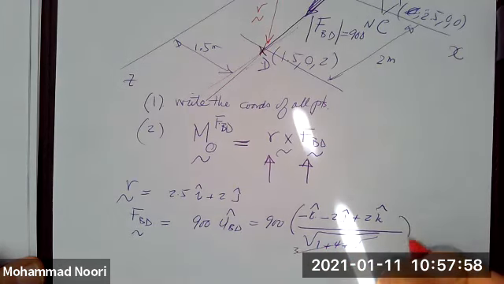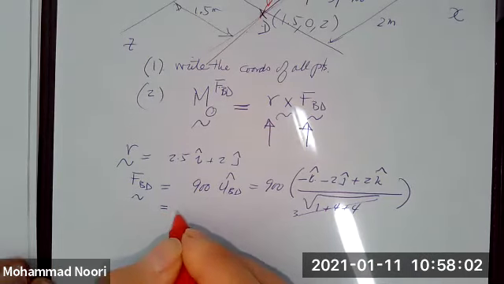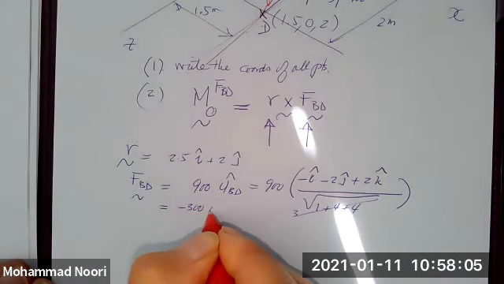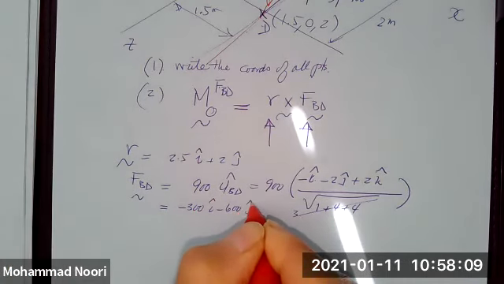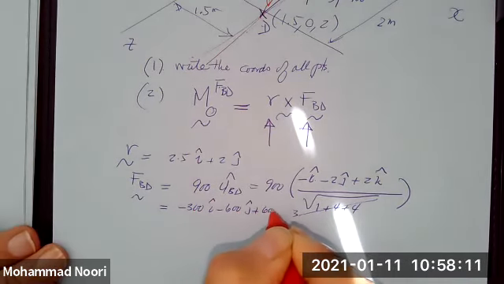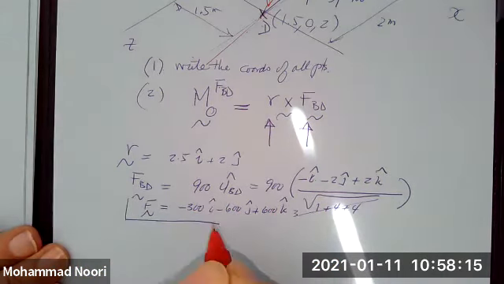So this is 3. So this vector equation becomes simply negative 300i, negative 600j plus 600k. So this is the vector equation for the force.